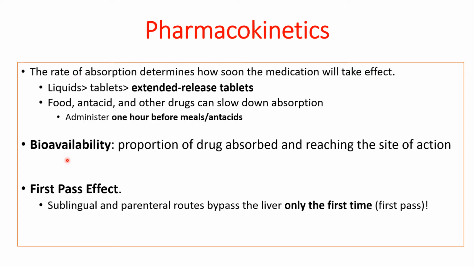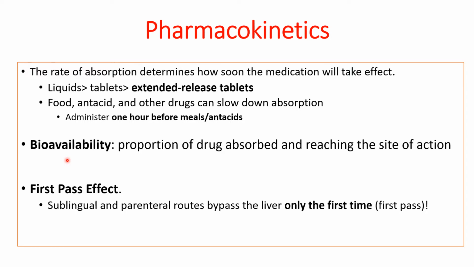For that reason, usually the doses of the medications given orally are much higher than the doses of the same medication given intravenous, because the intravenous, subcutaneous, I mean parenteral route, and even the sublingual route bypass the first pass through the liver. The medication reaches first the systemic circulation and the site of action, and only after that is the medication passing through the liver and destroyed.